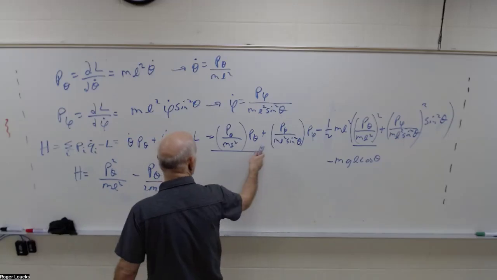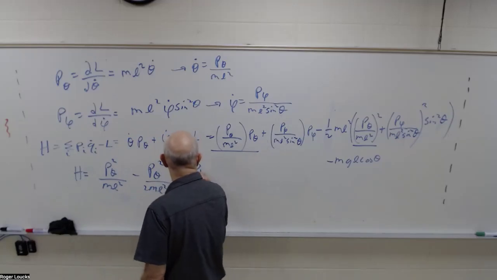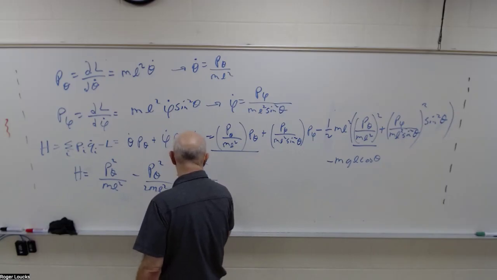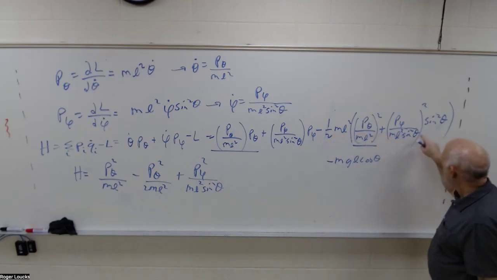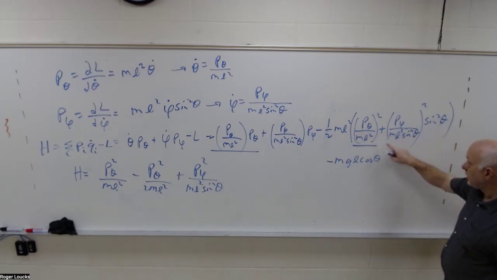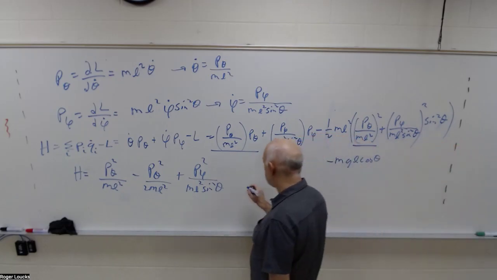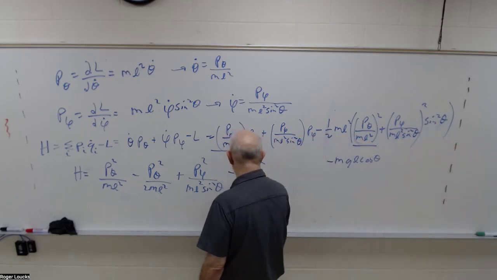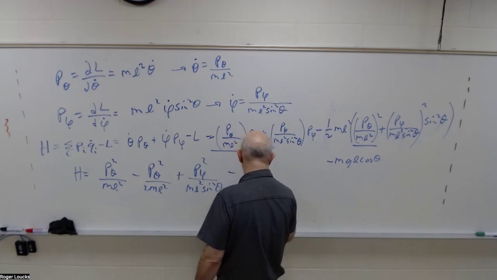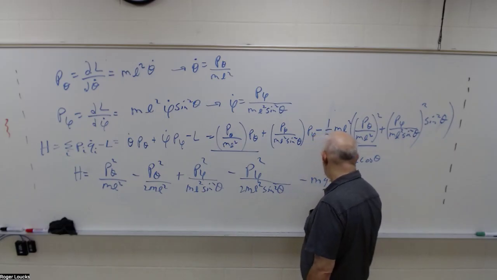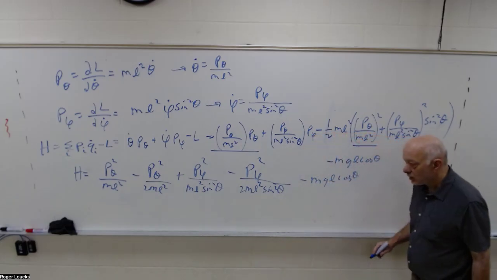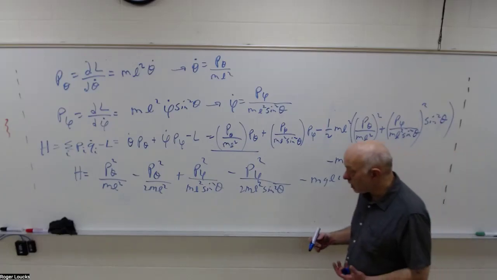And then what do I get? I get p phi squared over m l squared sine squared theta here. Then in this term here, one of my sine squareds cancels, and one of my m l squareds cancels. So this gives me minus p phi squared over 2 m l squared sine squared theta. And again, don't leave it like that, finish it off.